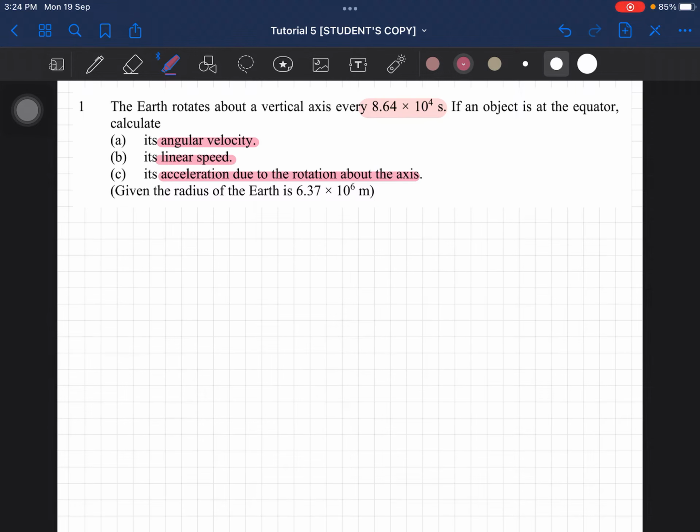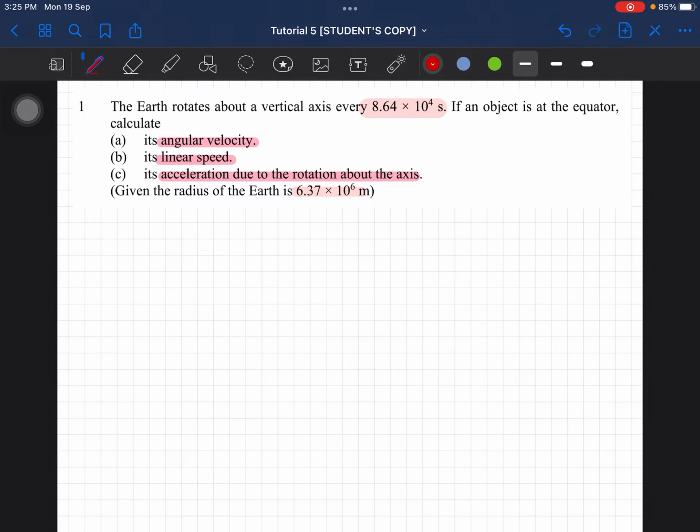So the radius is given, which is 6.37 times 10 to the power of 6 meter. For this one, we have to calculate the angular velocity. Wait, before that, let me just extract the information that is given.